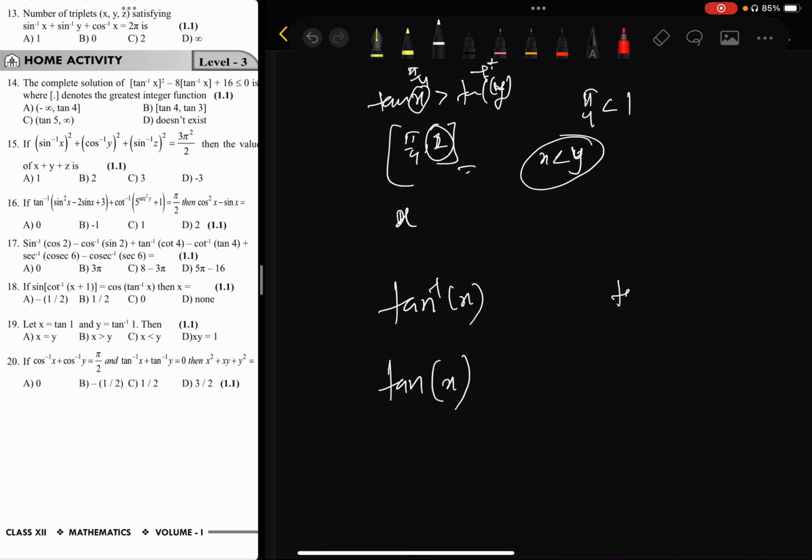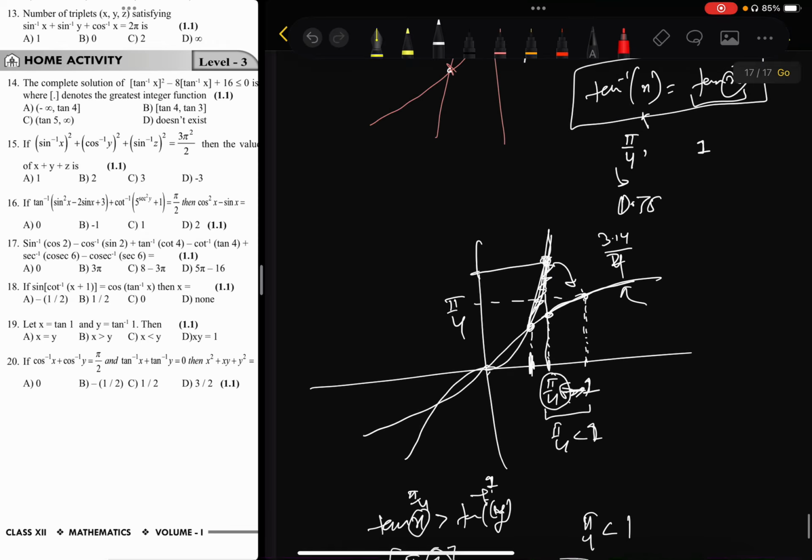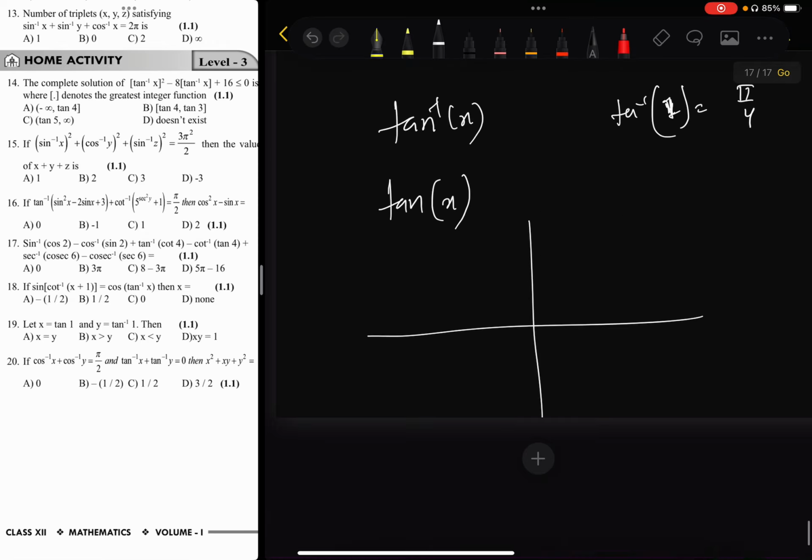Here this is tan inverse 1, that is equal to pi by 4, right? Okay, wait. Yes, now see. For this inverse type of function, 1 is given here, x equals 1, tan inverse 1. So tan inverse 1 is equal to pi by 4, right?